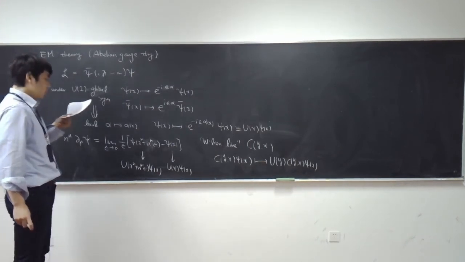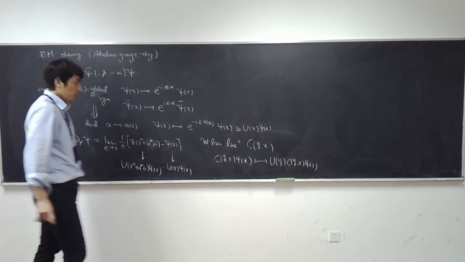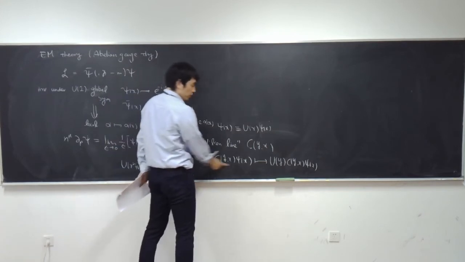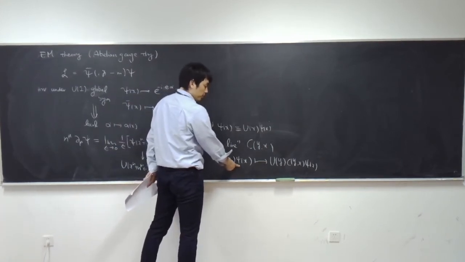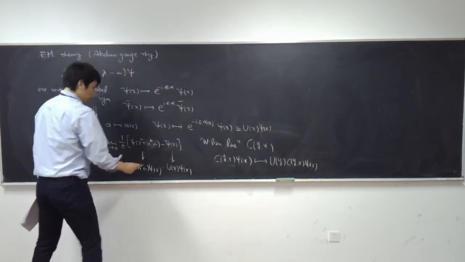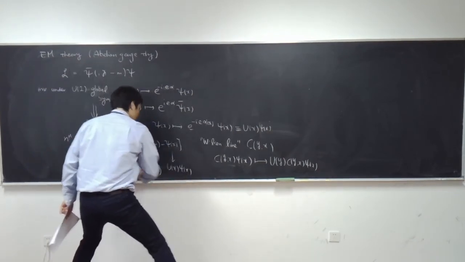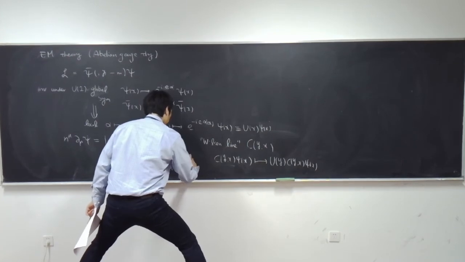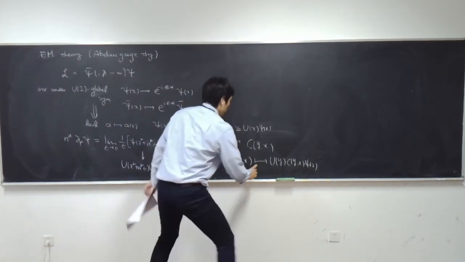So we introduce the so-called Wilson line such that if you multiply this Wilson line to the psi, then under this local U(1) symmetry, this is local U(1) symmetry. So this is local U(1).